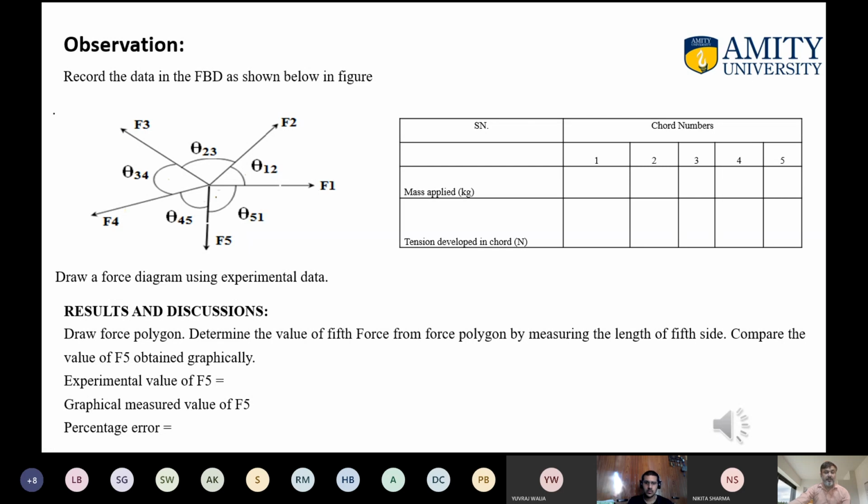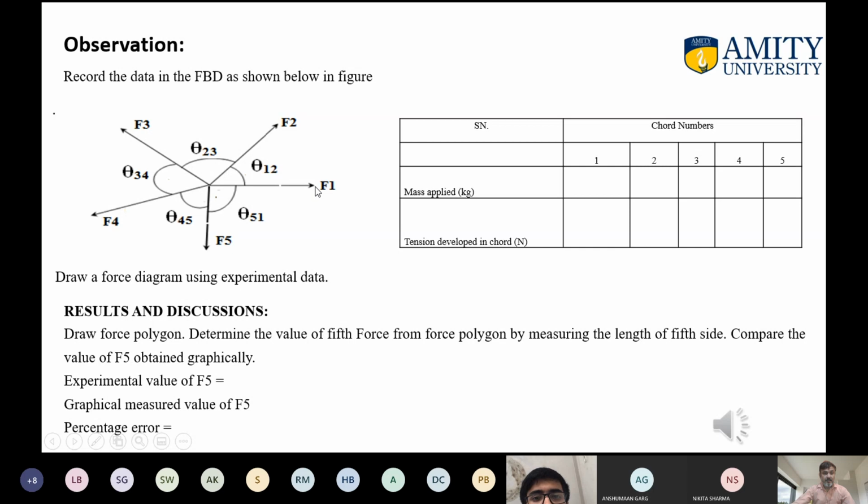So on the graph, the angle is the same, it will be horizontal, and the magnitude is represented by 300 grams means 3 centimeters.